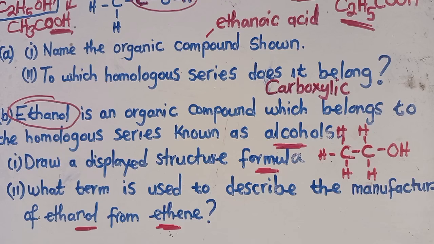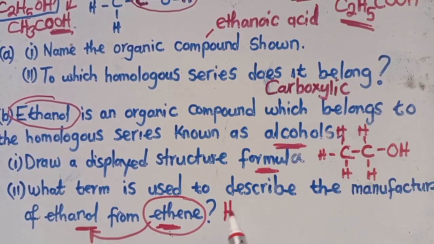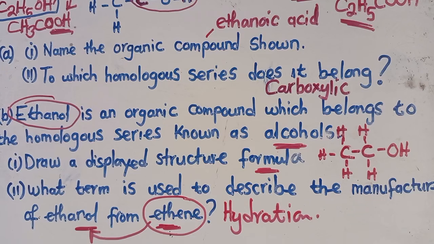The process which changes this ethene into the alcohol called ethanol is known as hydration. That is the term used to describe it. So we've answered that question. This is how you need to answer it.